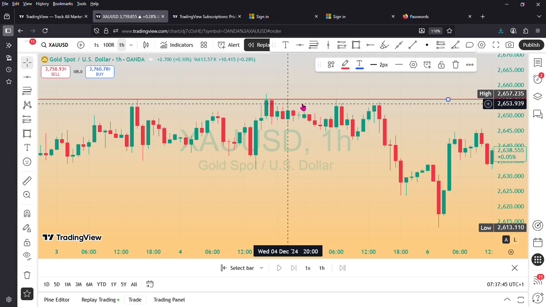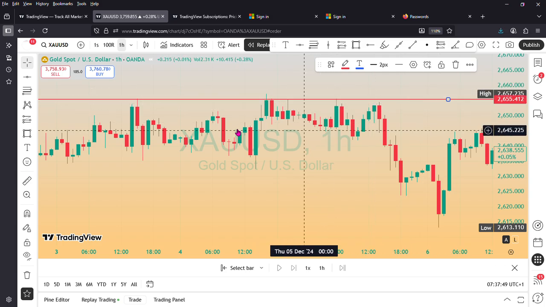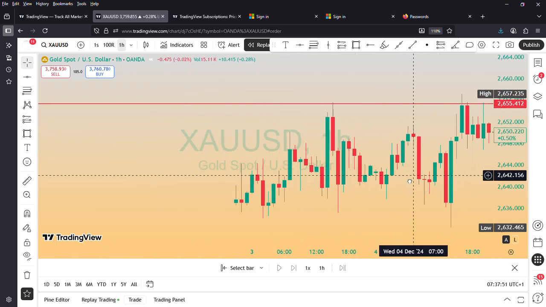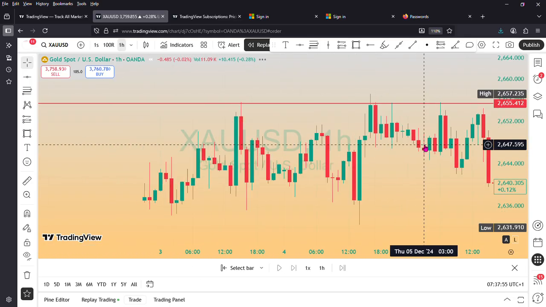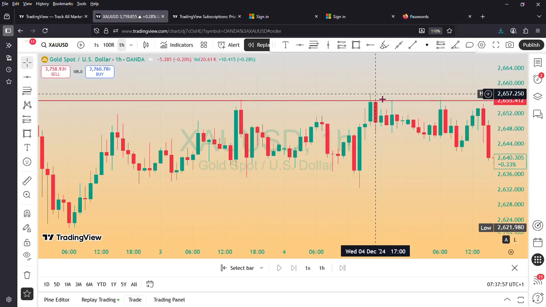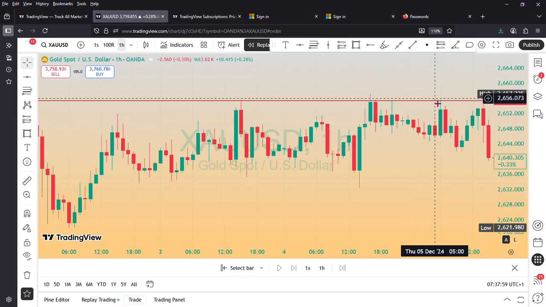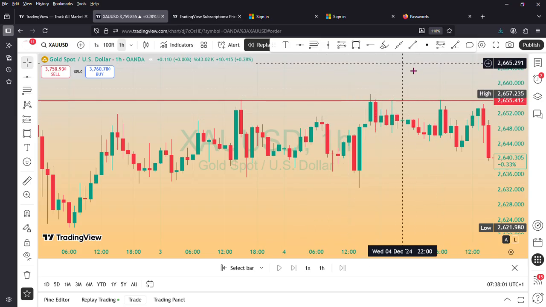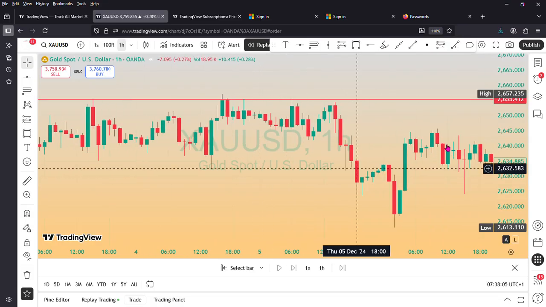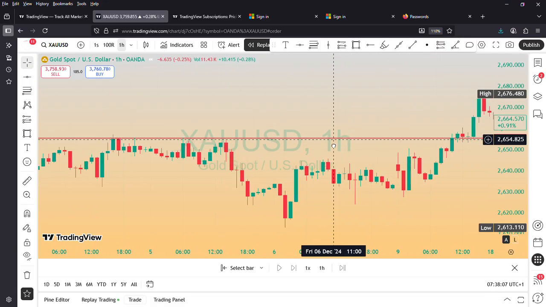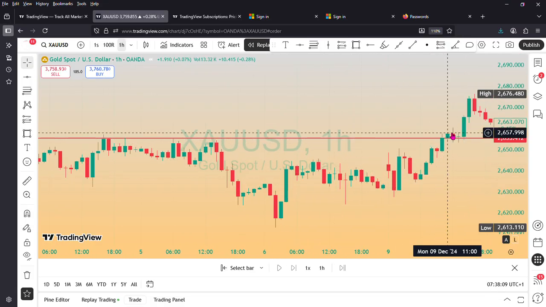When the market came close again, it rejected. When it has rejected many times, it will break the zone. You see the market respect here 1, 2, 3, 4. When it touches like 4 or 5 times, it will break it. 4 coming out, 5 it broke it.